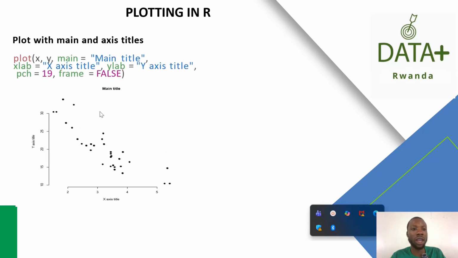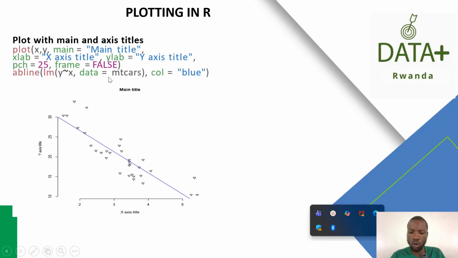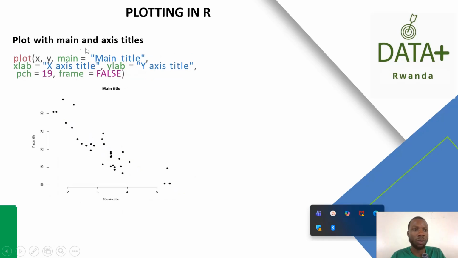And another thing you can do is plot with the main title. Instead of having x and y there, you can rename the axes the way you want, and you can also have the main title.